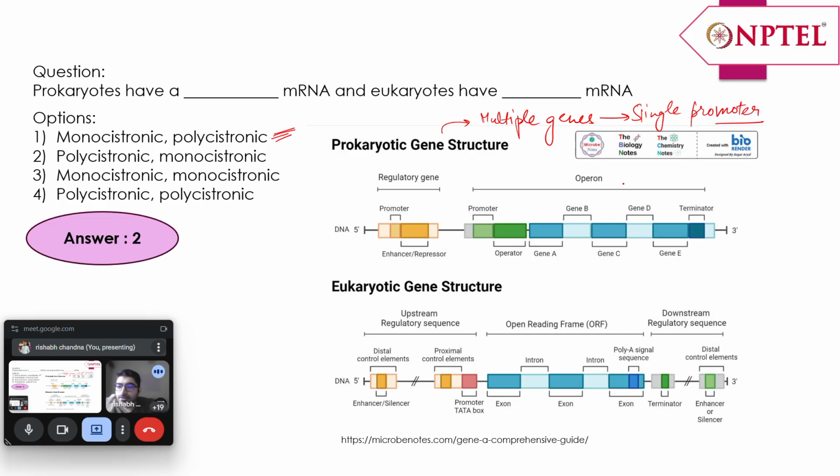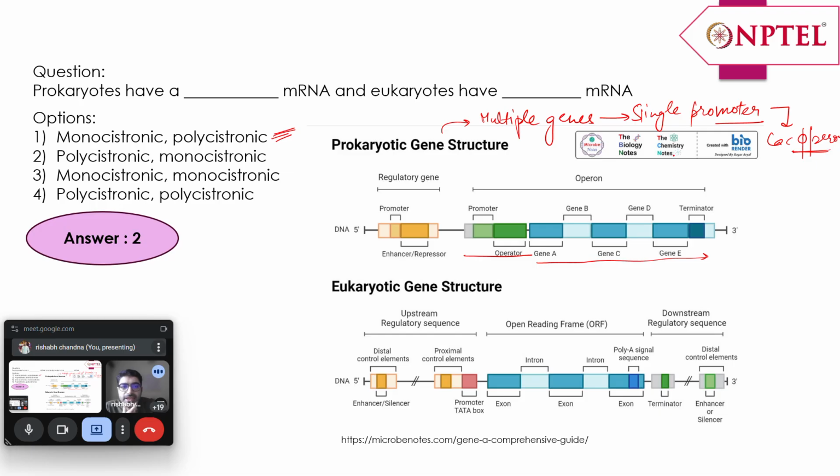The simplest example that I can give you is the lac operon. Here we can see the regulatory gene component, then there is a promoter, and through this promoter there are various genes connected to each other.